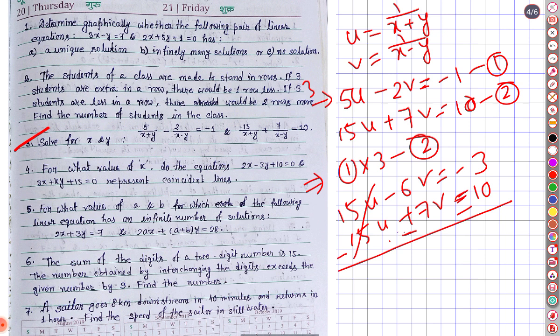Plus will be minus, so minus 6v and minus 7v is minus 13v, which is equal to minus 13. So v is equal to 1.